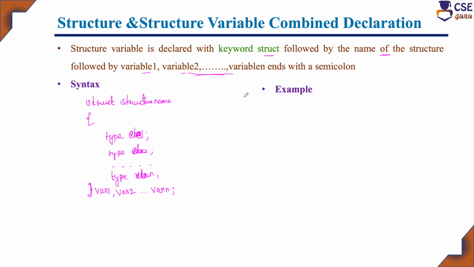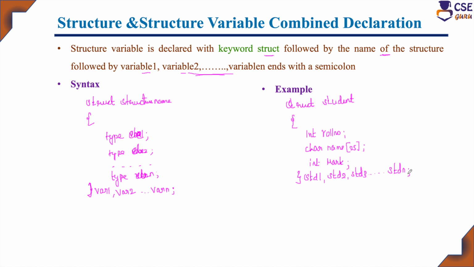For example, start with the struct keyword, and the structure name is student. Here int roll number, char name of 25, or whatever size you want, you can specify here. Then int mark. Close the curly bracket, and then here you can place std1, std2, std3, any number of variables you can declare.